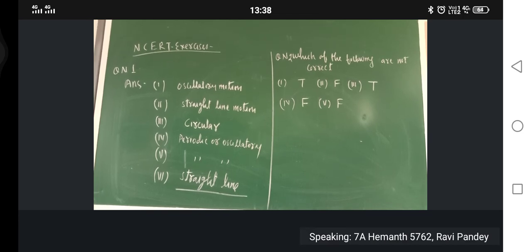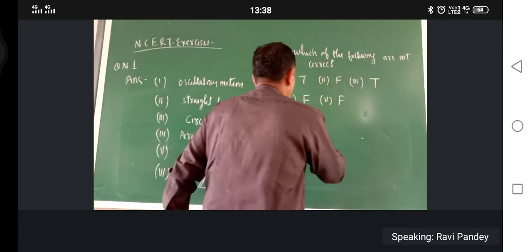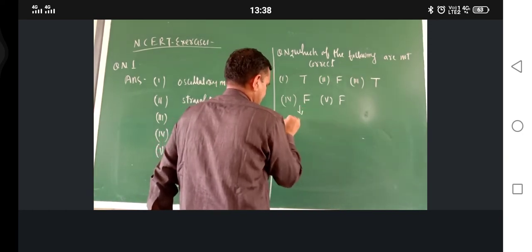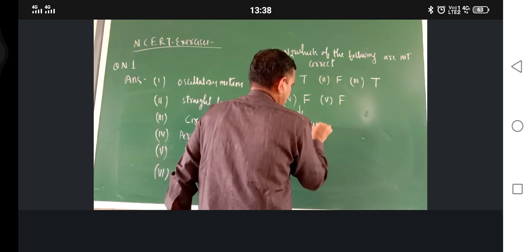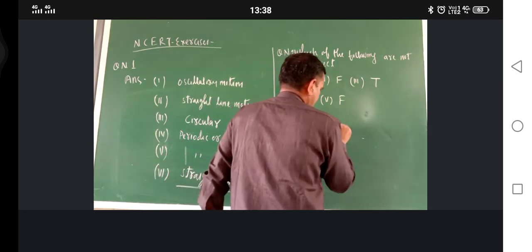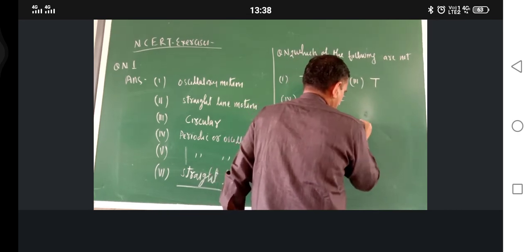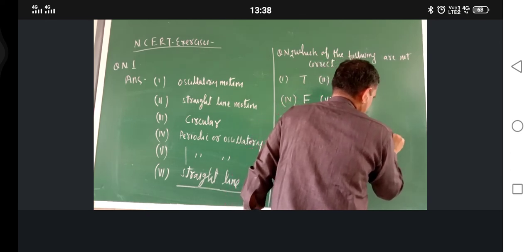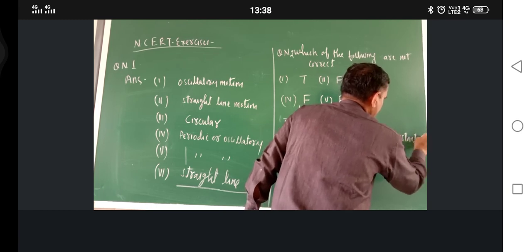So shall I put here this? Yes, sir. Okay, just a minute. Fourth one I am writing like that. Time period of given pendulum is constant. So it is true.